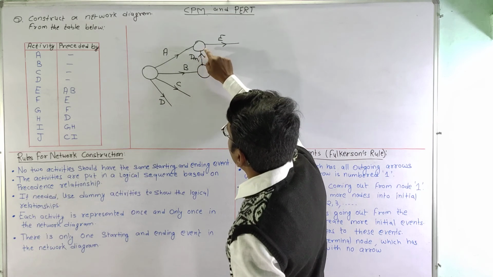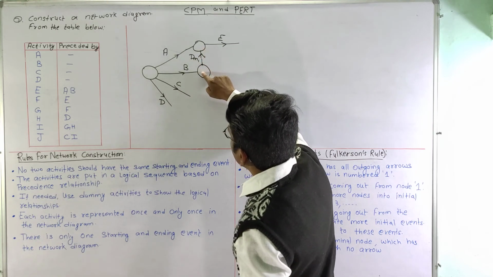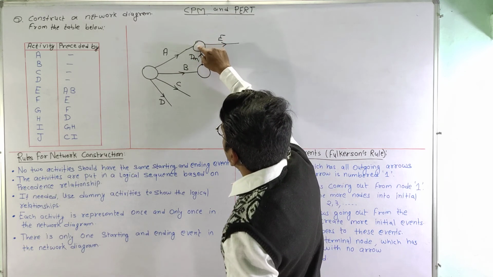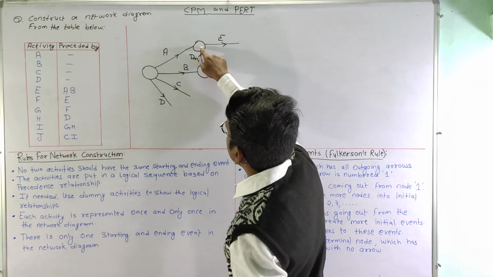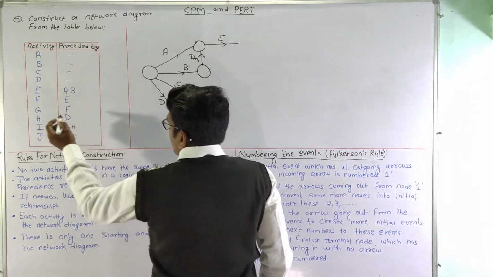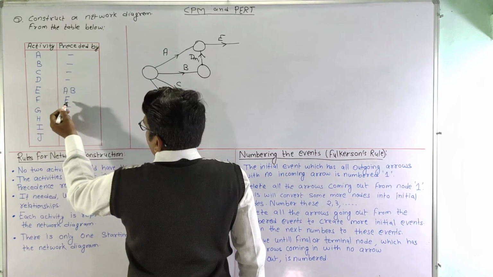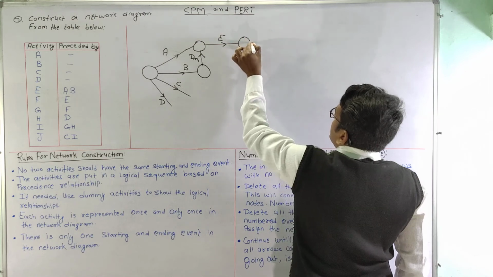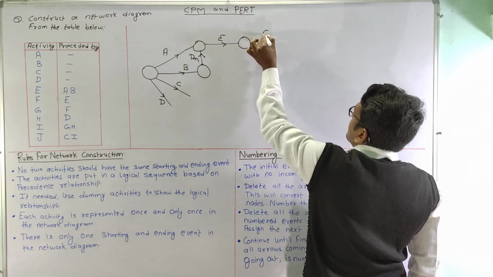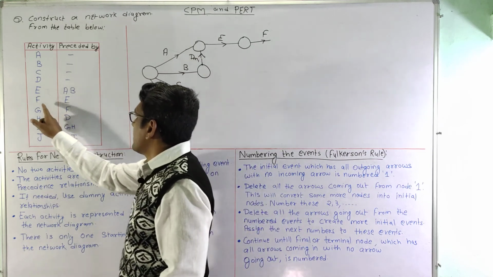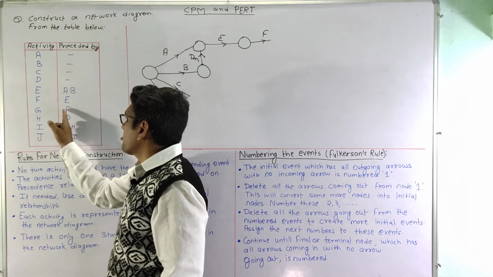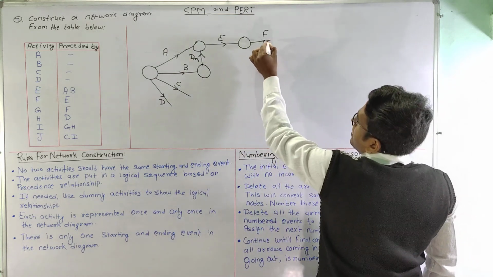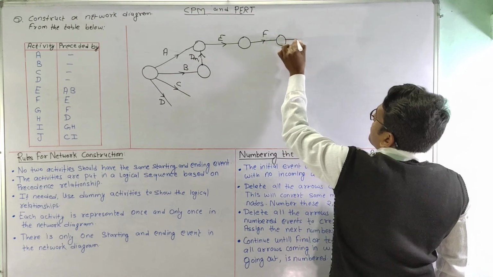Because the arrow is pointing upward, it shows the dependency of only activity B, and this node is showing the dependency of activity A as well as activity B. Now moving on to activity F. F is preceded by E. So after E is ended, activity F is done, and then activity G is preceded by activity F.